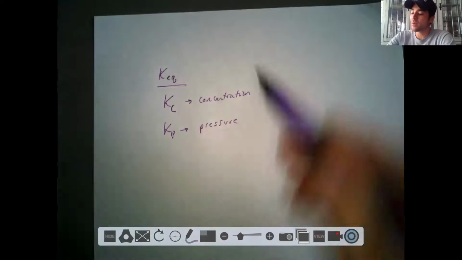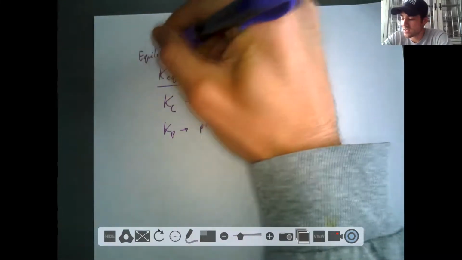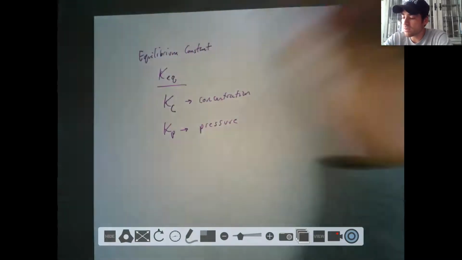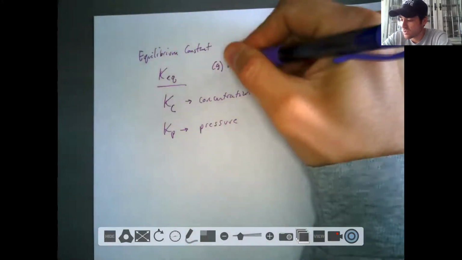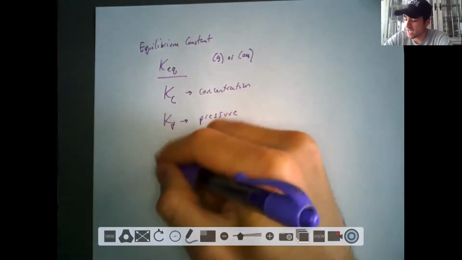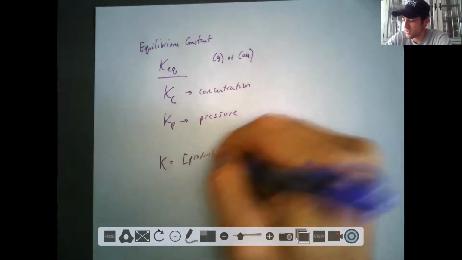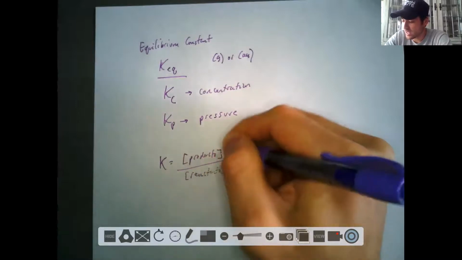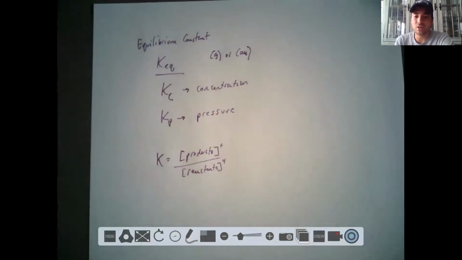And remember when we plug into our equilibrium constant, the only thing we're plugging in here would be things that are gases or aqueous. All right, and so our expression is K is the concentration of products divided by the concentration of reactants, and I'll just put X and Y because we know we raise them to a power, and that power is the coefficient.